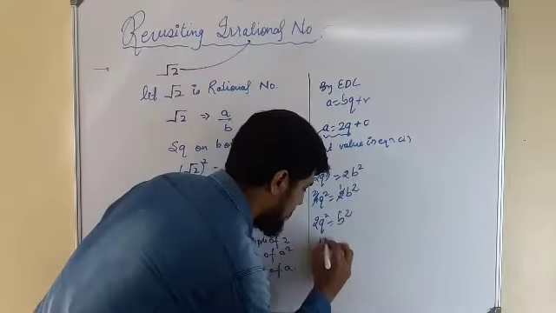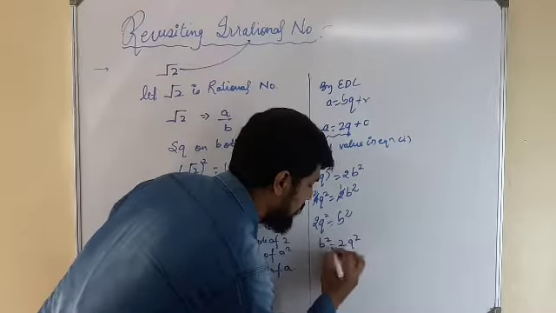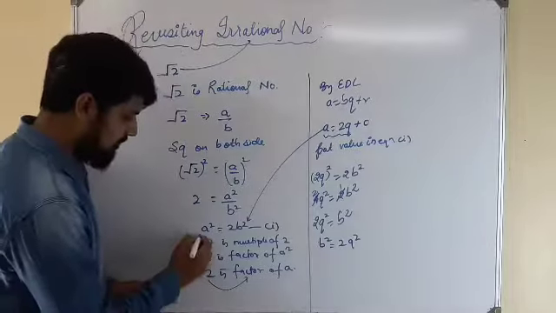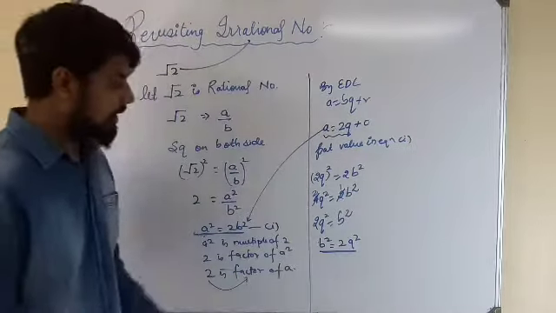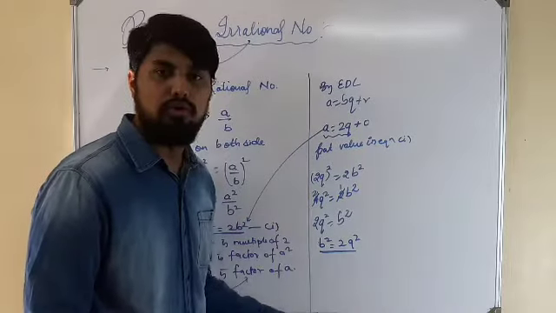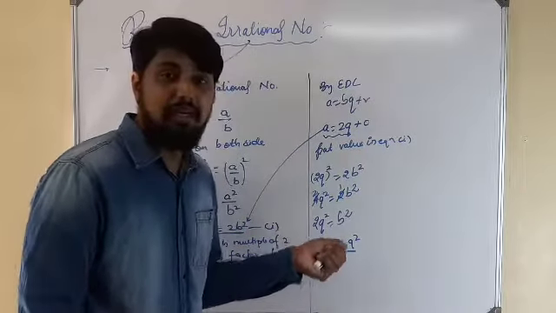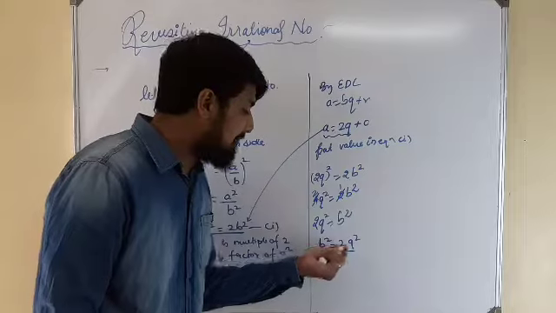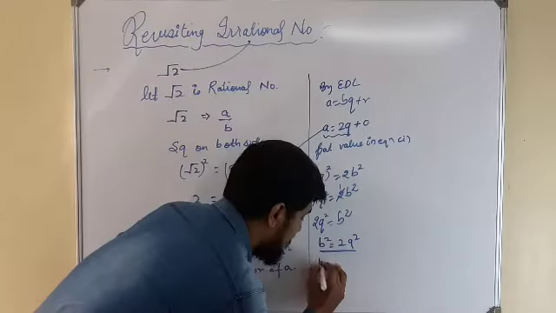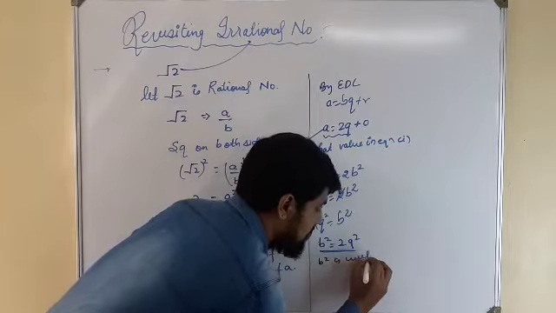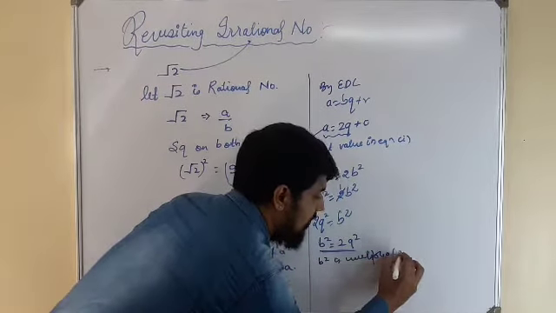Now see here, b square is equals to 2q square. Similar to this equation here, b square is equal to 2q square. That means we are getting b square by multiplying q square by 2. That means b square is a multiple of 2.